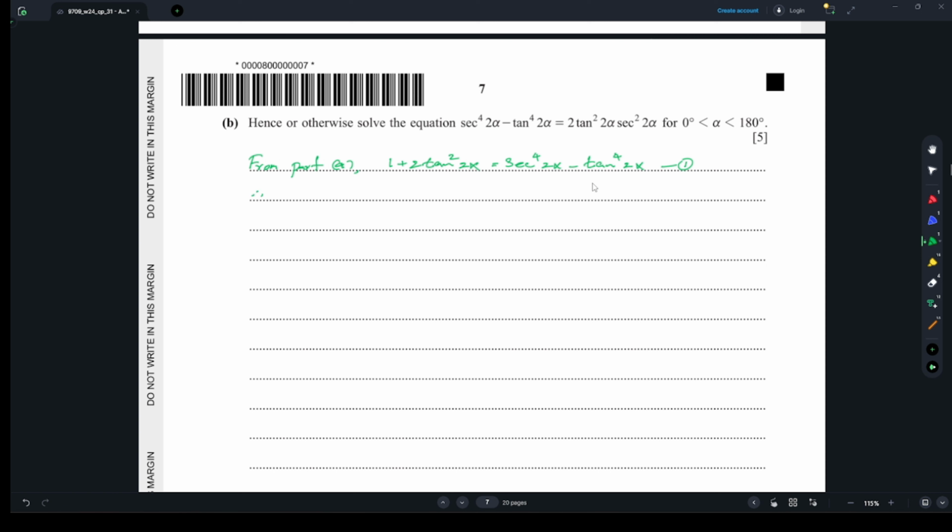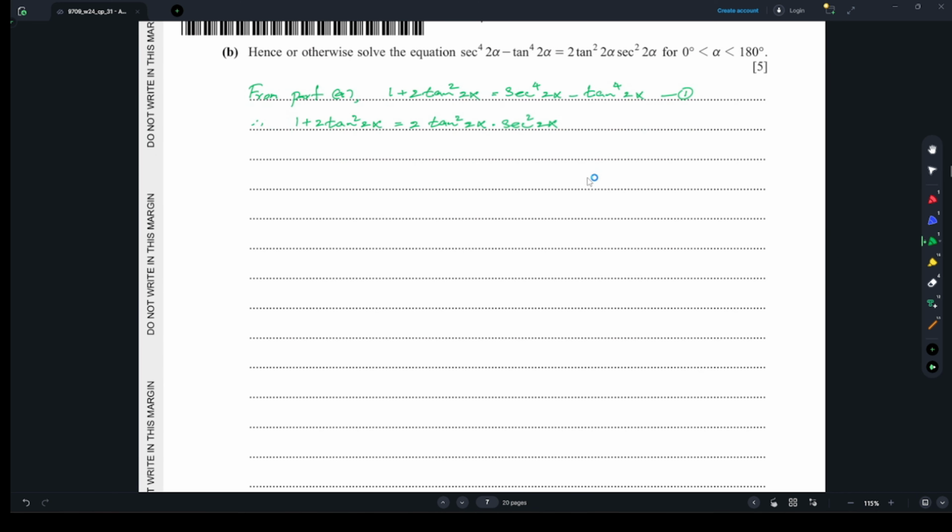Therefore I can write 1 plus 2 tan square 2 alpha equals 2 tan square 2 alpha times sec square 2 alpha.